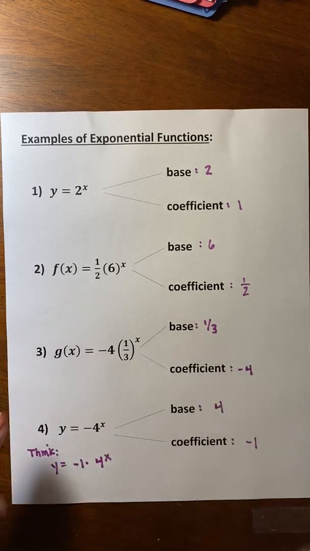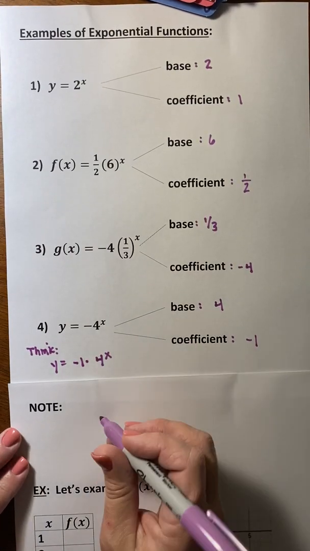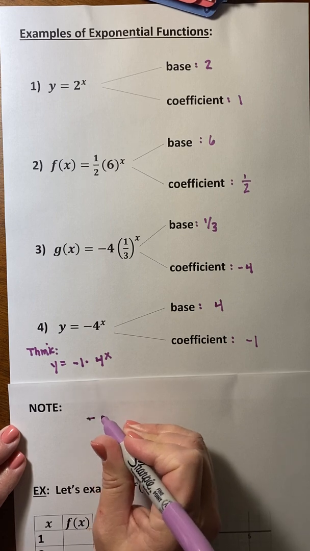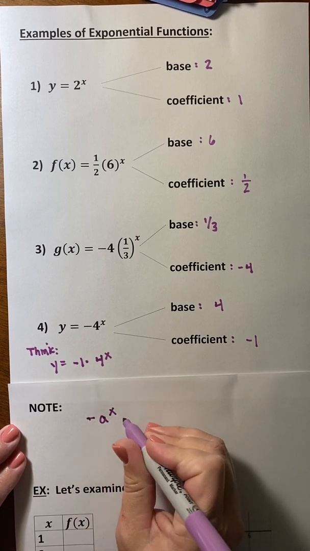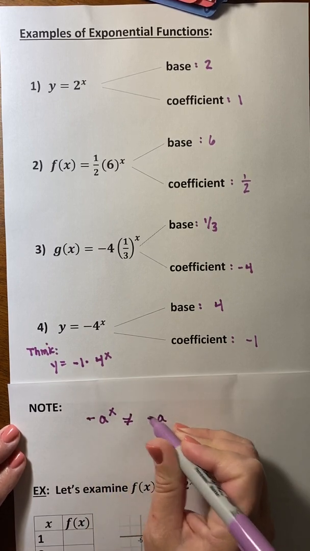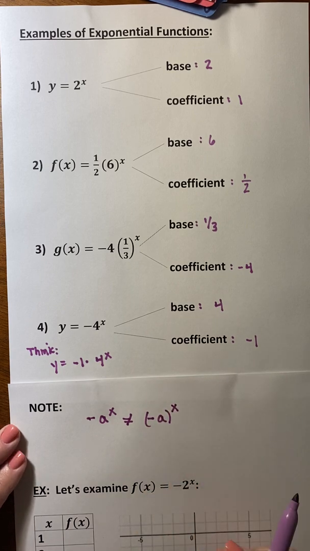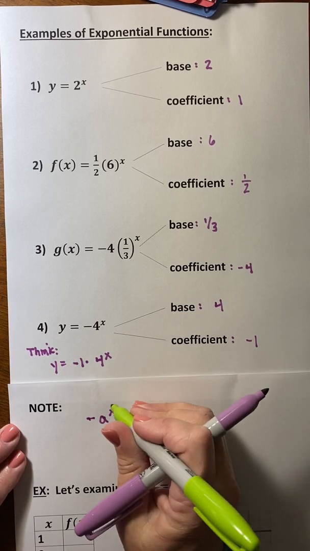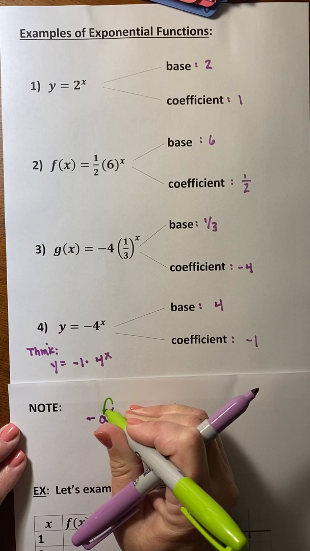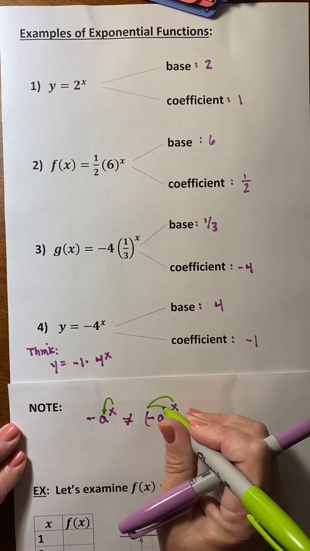All right, so let's generalize that. If you have -a to the x, this is not equal to (-a) to the x power. It's not the same thing. So here, the x would only apply to the a. Here, the x would apply to everything.